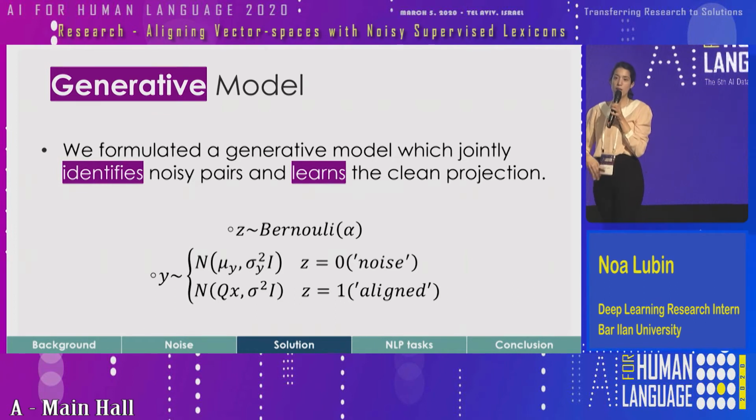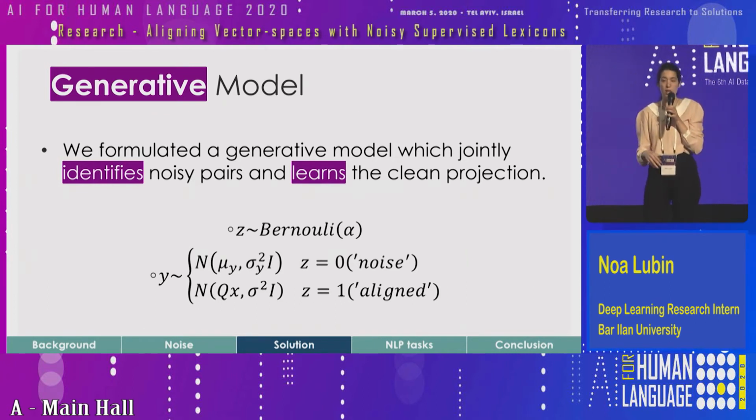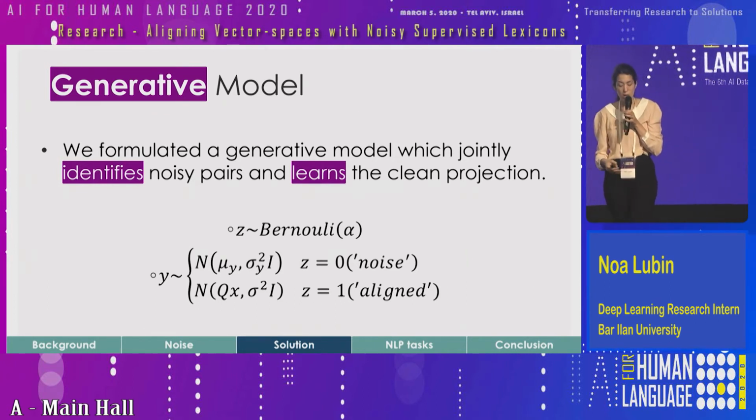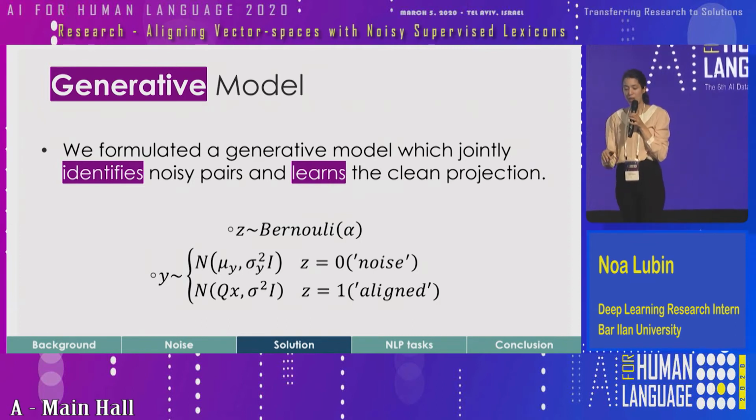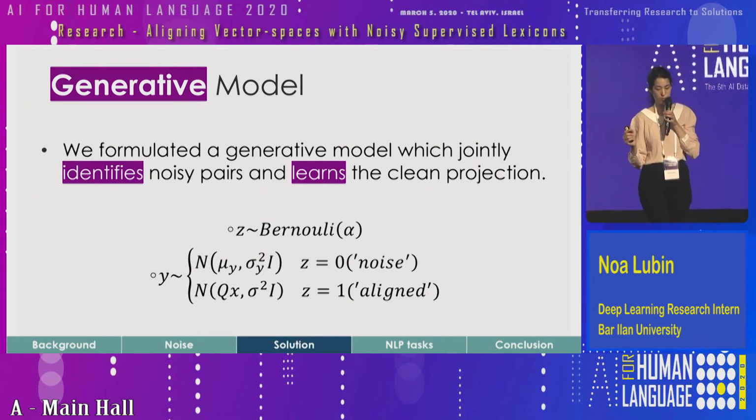If this coin lands on 0, I assume that the word vector was created with a normal distribution with expectation mu_y and variance sigma_y squared. And if my coin lands on 1, I assume that the pair is still aligned, and then the normal distribution is with expectation Qx and a different sigma, which I expect to be a lot smaller.